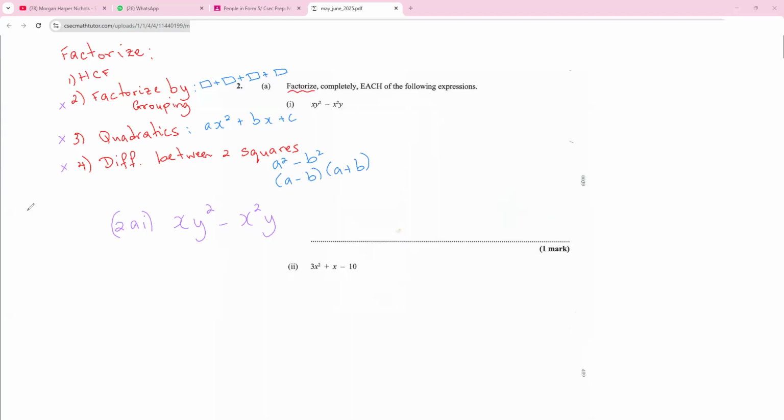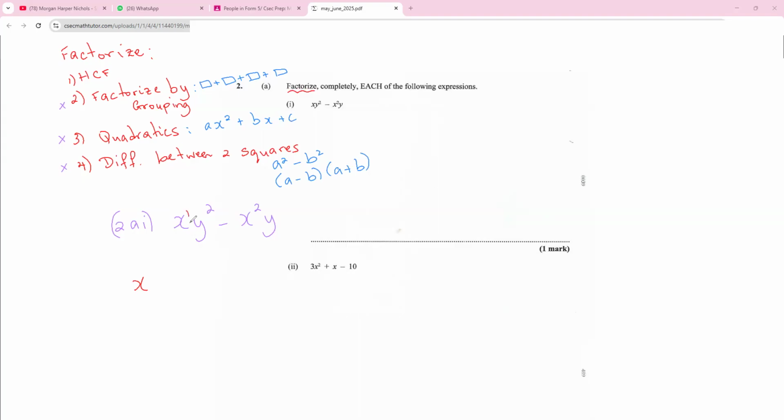Now remember, when we're factorizing by the highest common factor, you look at the numbers first. If there are numbers, you pull out the HCF of the number. There's no numbers in this, so we just understand it's 1. But we don't need to put the 1 because it's understood. We look at all the letters that you could see throughout. So in this one, I could see x in each term. So I'm going to pull out x, but I'm going to pull out the one with the lower power.